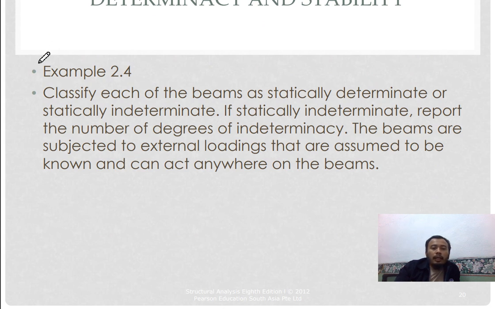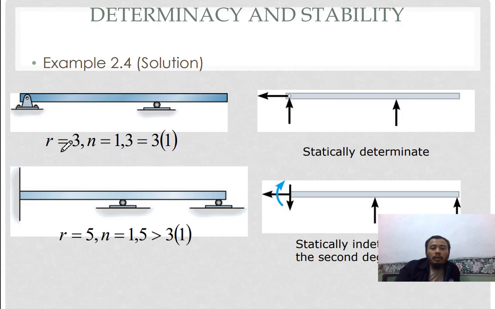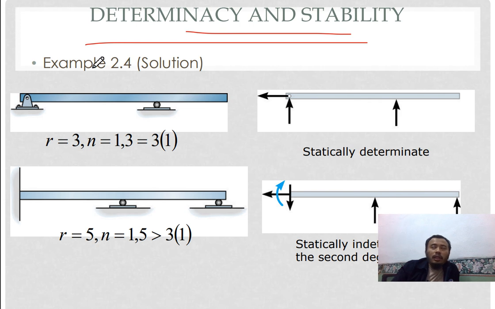Okay, let's take a look at example 2.4. Classify each of the beams as statically determinate or statically indeterminate. If statically indeterminate, report the number of degrees of indeterminacy. The beams are subjected to external loadings that are assumed to be known and can act anywhere on the beam. In analyzing determinacy and stability, you don't need to know where the loads are acting.